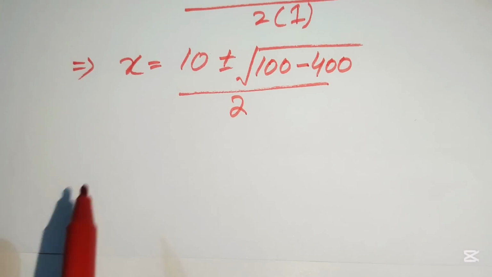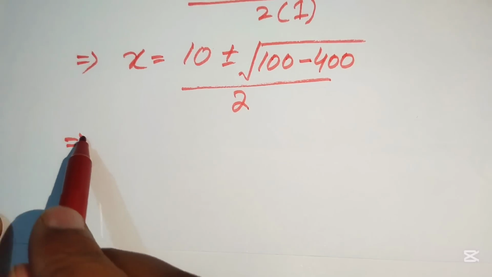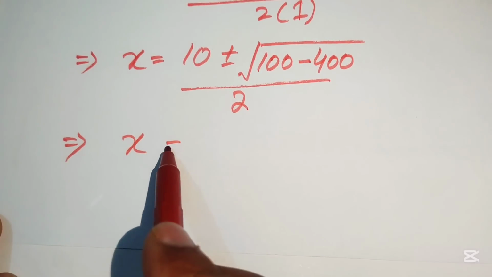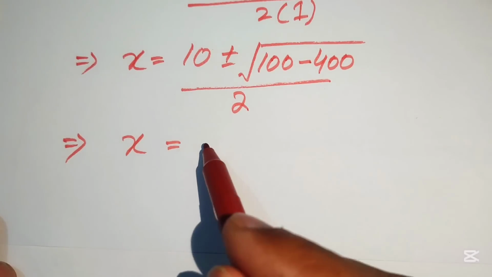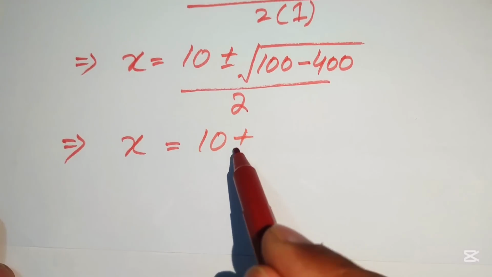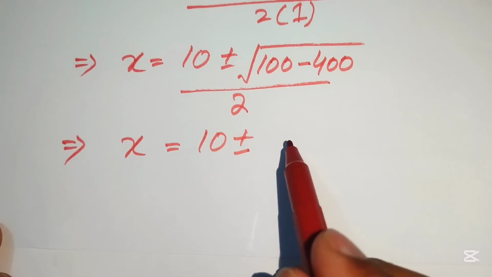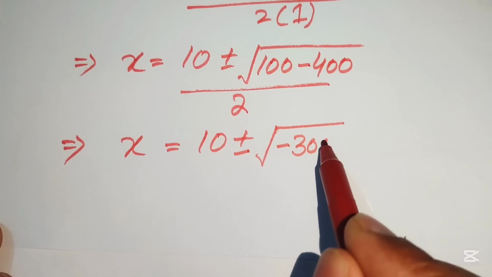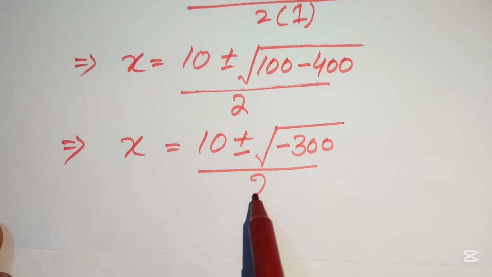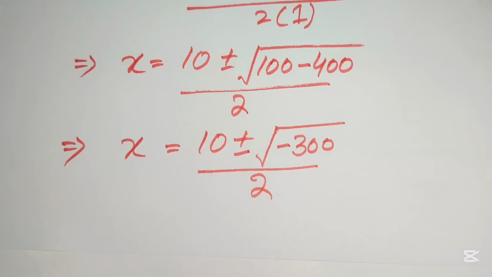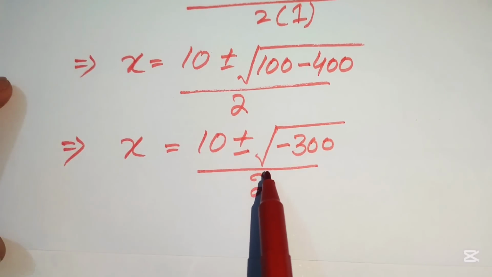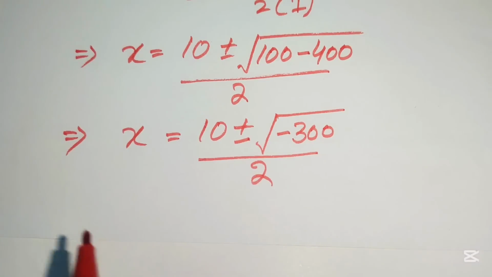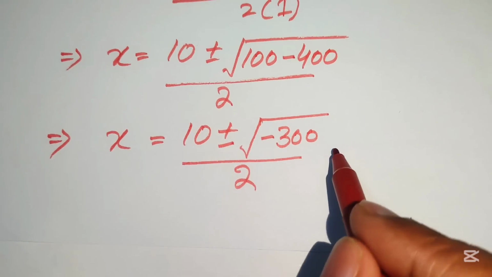After this step we have x equals 10 plus minus square root of 100 minus 400, which equals minus 300, divided by 2. Now you see that here we have a negative term inside the square root sign.